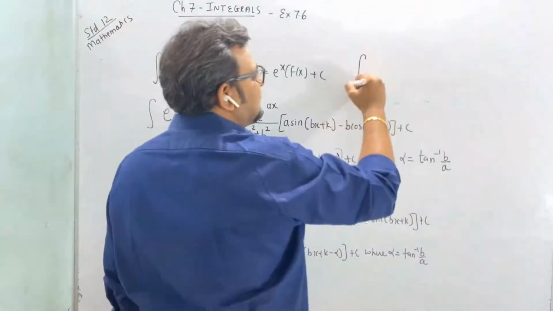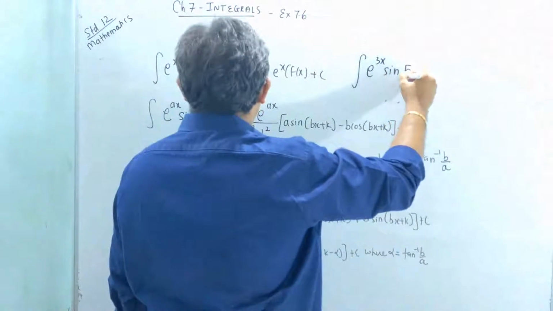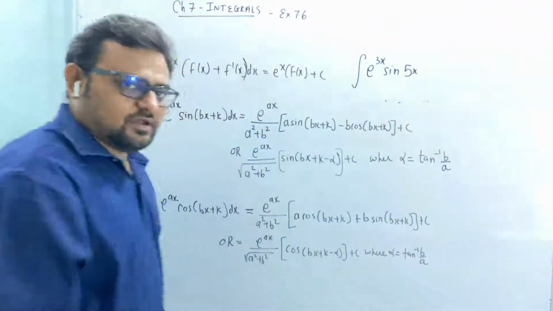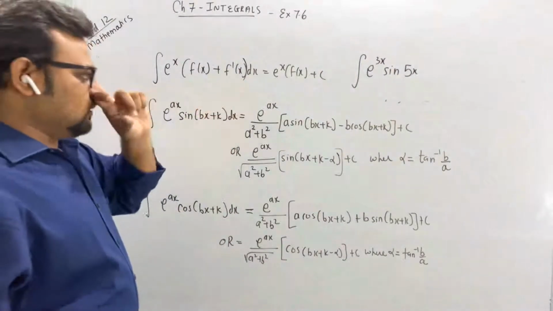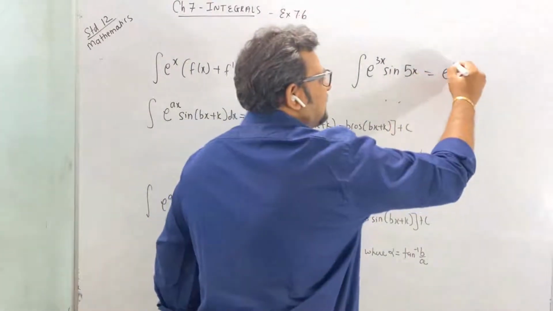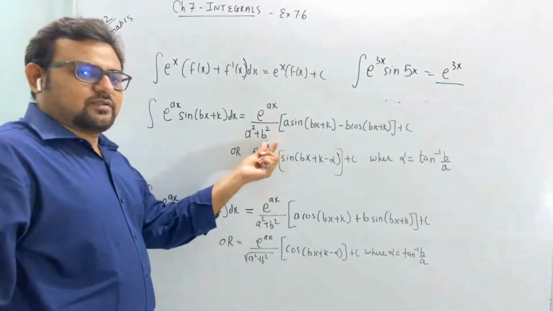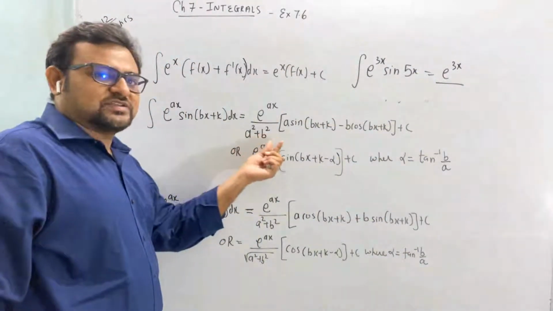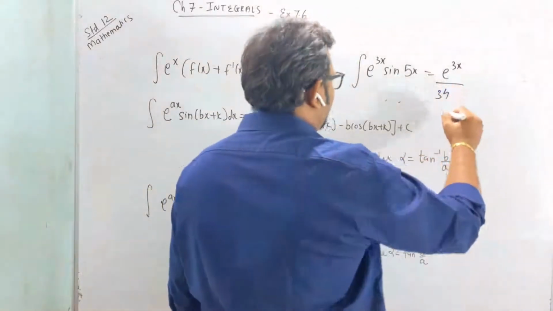Let's say this: integral of e raised to 3x sin 5x. Now in this case, k is not there, so we'll write k as 0. So what will be our answer? e raised to 3x upon 3 square plus 5 square. 3 square is 9, 5 square is 25, so it will be 34.